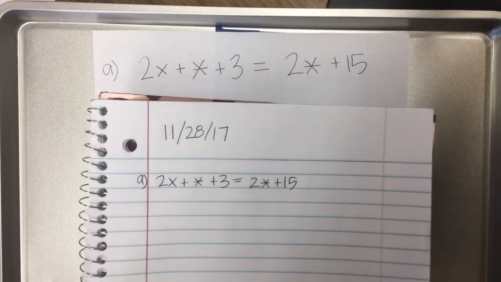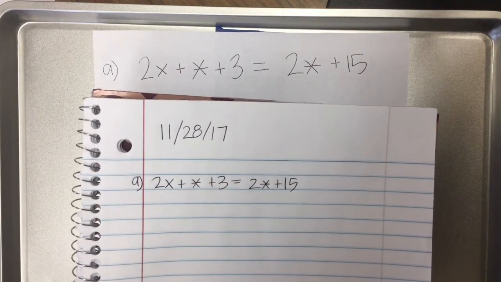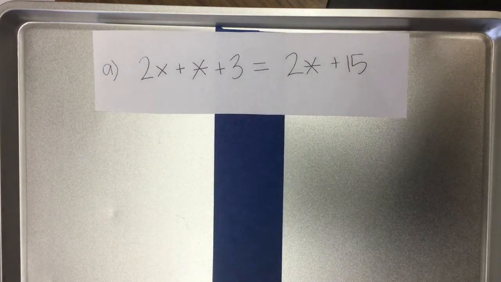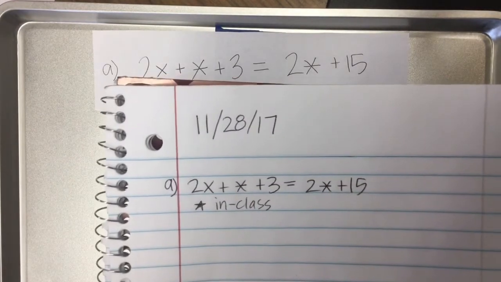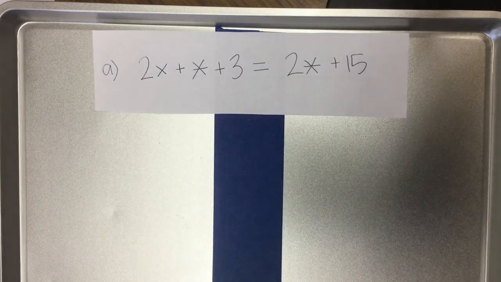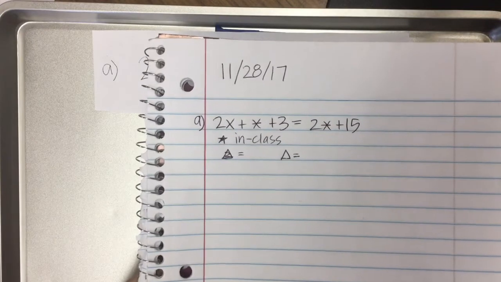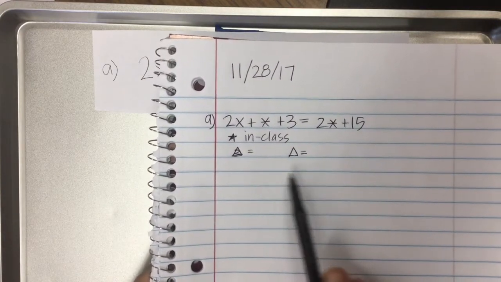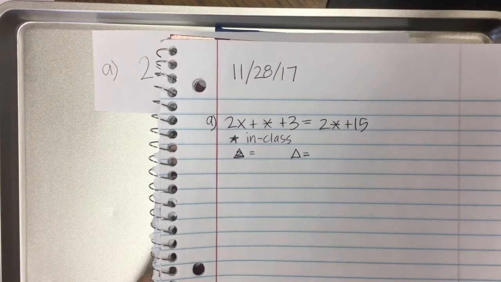You'll record the original problem, then you're going to label this in class work, and then at the end, after doing your work with all of our pieces here, you will announce or clarify what is the value of X and what is the value of star for each problem.